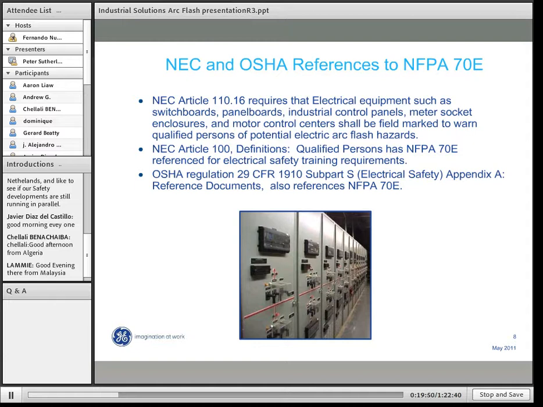Also, safety training is required for qualified persons who are working on equipment. And this safety training is not a 1 hour webinar like this. It's a full day course with an examination given at the end.